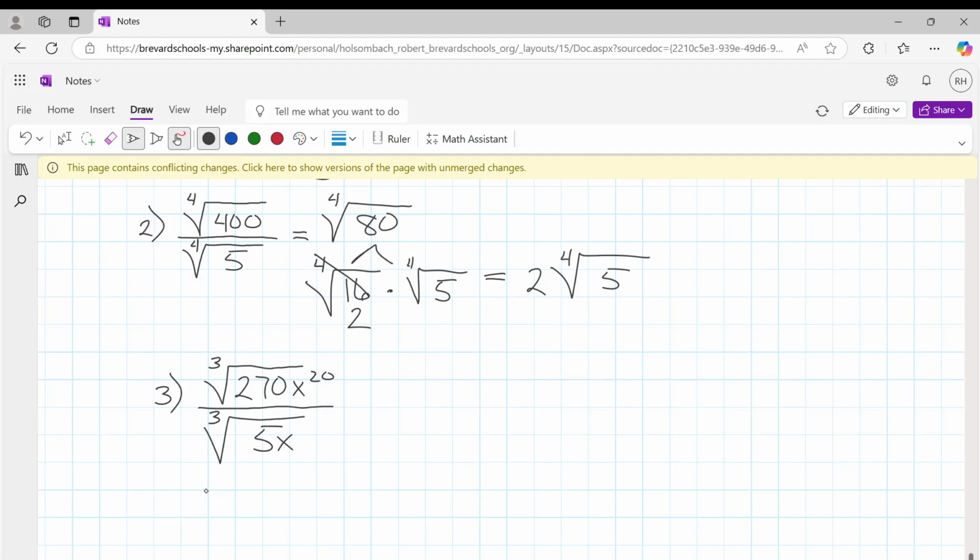All right, and again, the 5 goes into 270 evenly. So we're going to simplify all this. 5 goes into 270 54 times. And x goes into x to the 20th, x to the 19th times.